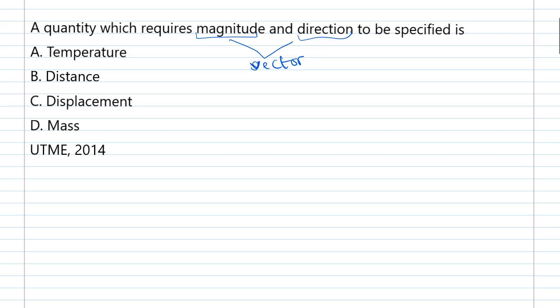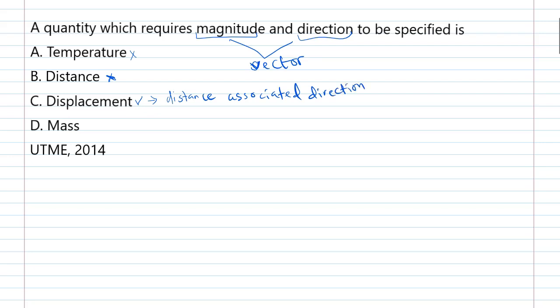The first quantity on the screen is temperature. Temperature is not a vector because there is no direction associated with it. Distance is also not a vector. It's a scalar because distance just has a magnitude. Displacement is a vector as it is distance associated with direction.